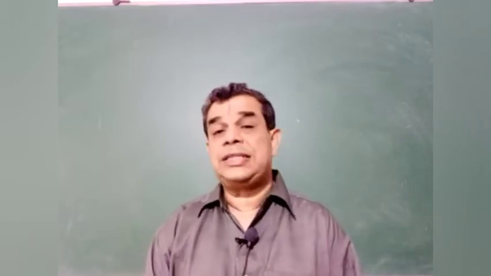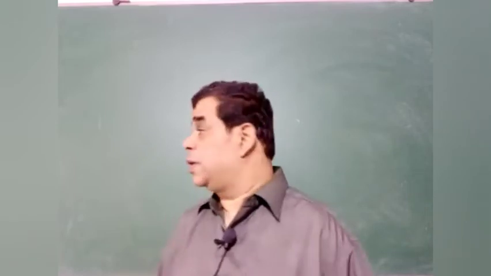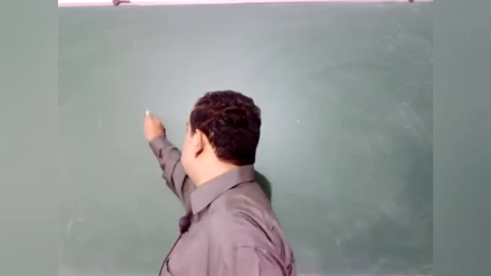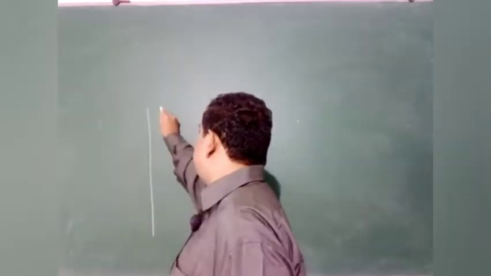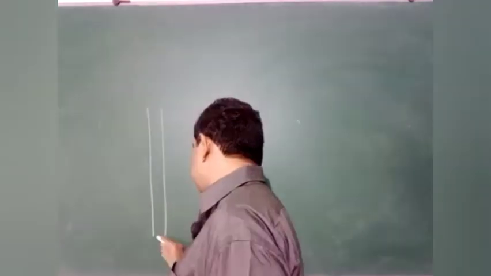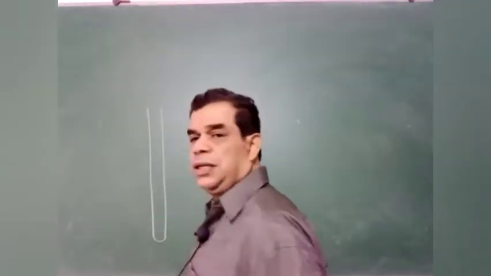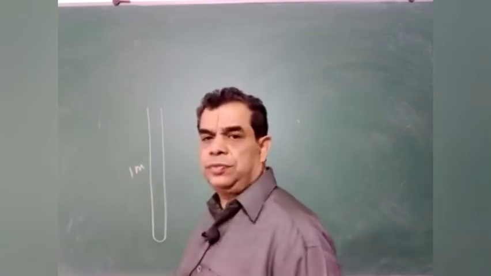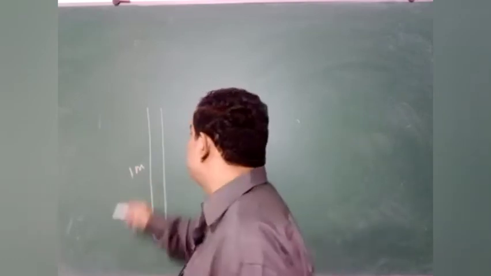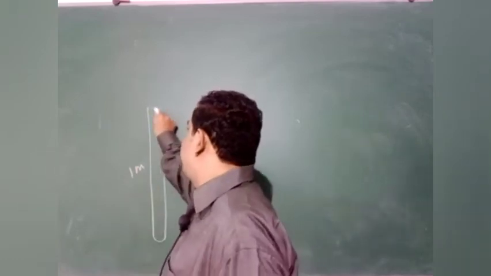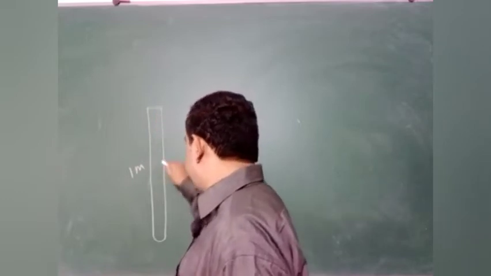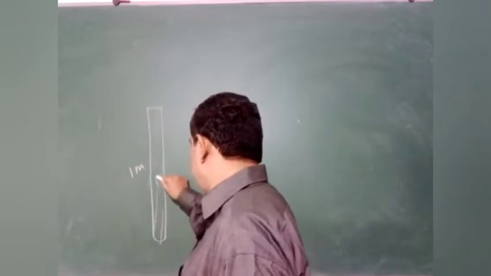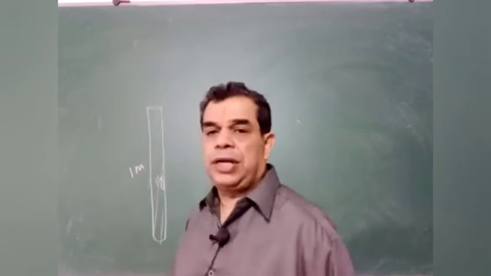What was his experiment? I'll tell you. He took a very long glass tube, something like a test tube, around 1 meter in length. Then he filled it completely with mercury.